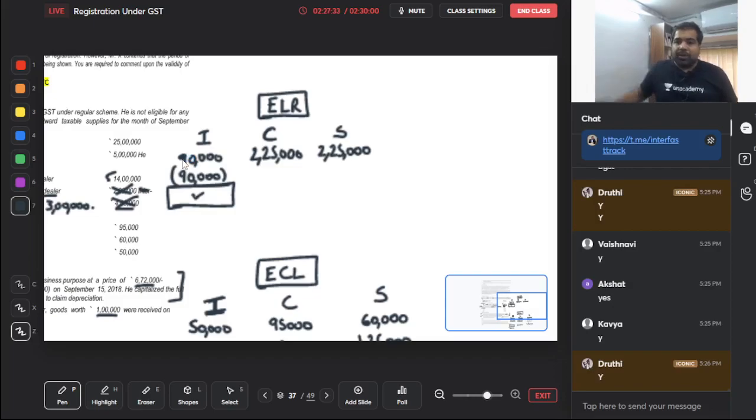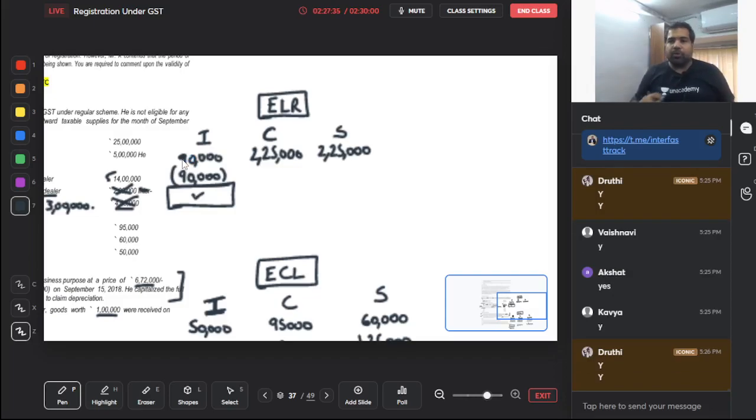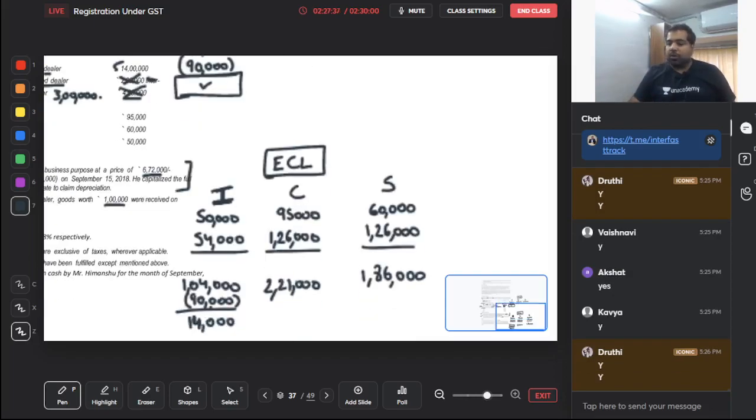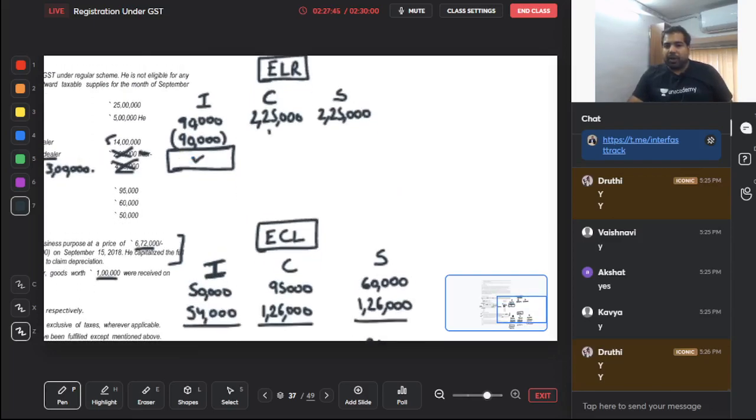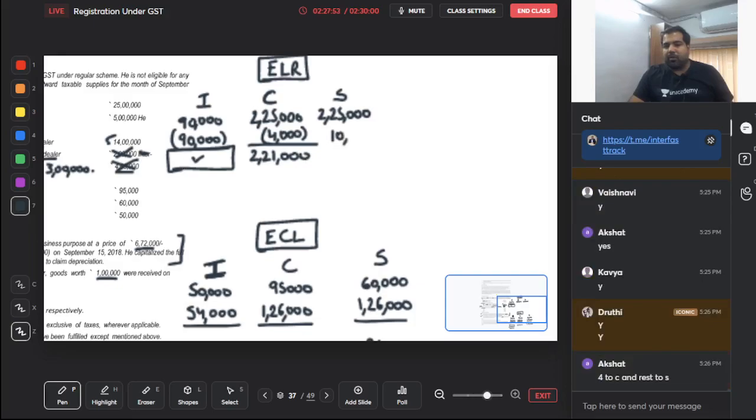And at the cost of the other child, you are giving him more food. That is not right. So guys, you have to give in a manner that you don't overfeed anyone. So here, I am giving 4,000 here. So how much remains? 2,21,000. And I am giving 10,000 here. So how much remains? 2,15,000.